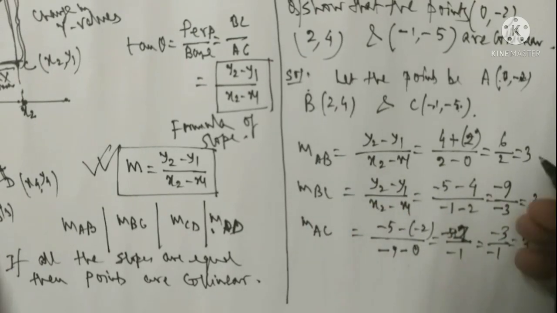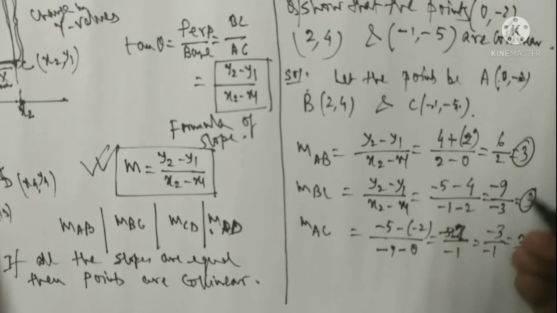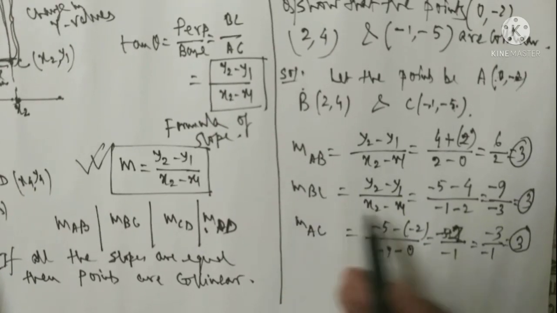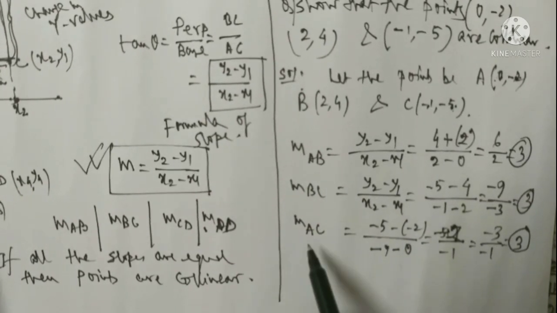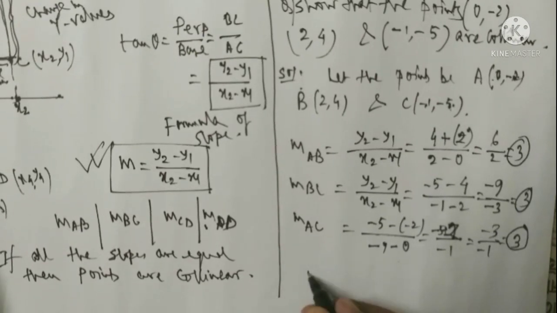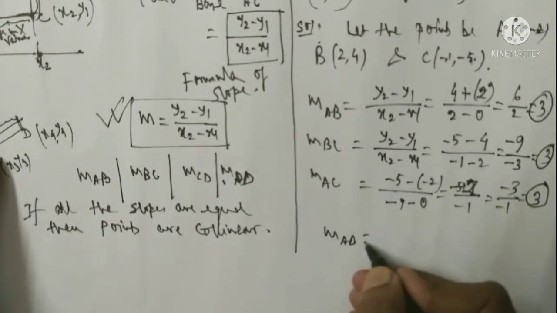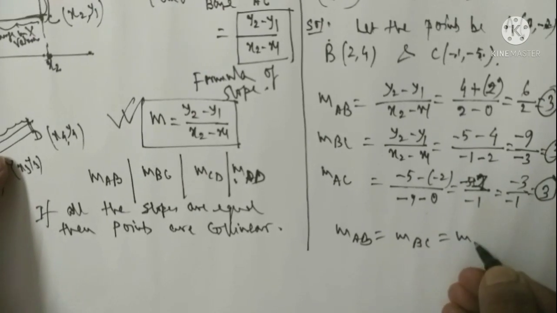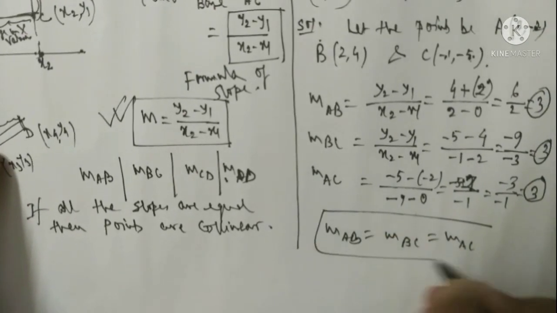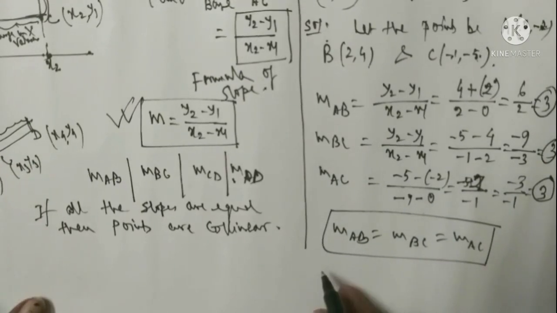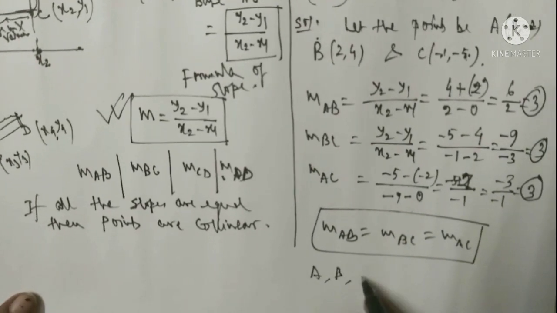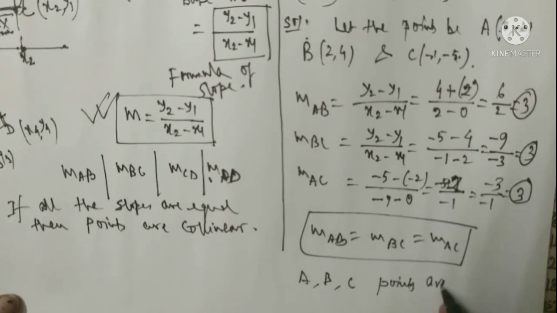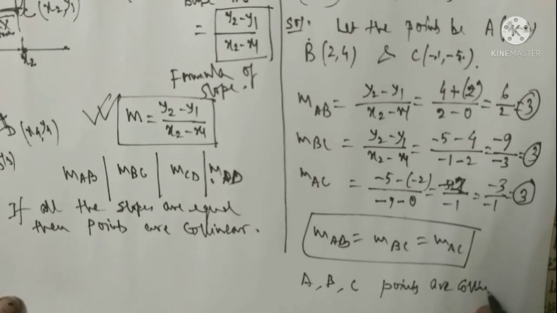Now we are getting 3, 3 and 3: the slope of AB part, slope of BC part and slope of AC part are equal. MAB equals MBC equals MAC. Hence we can say that the points A, B, C are collinear.